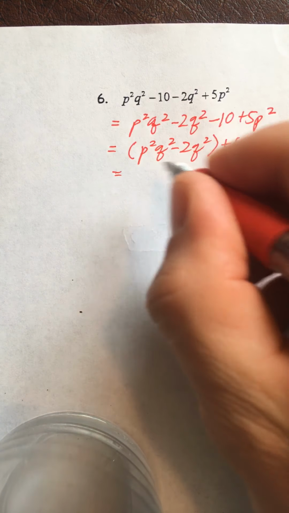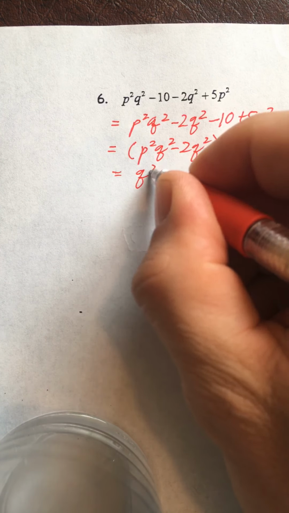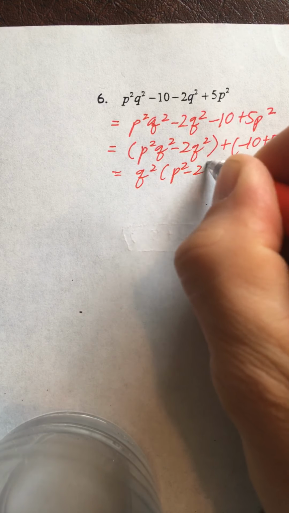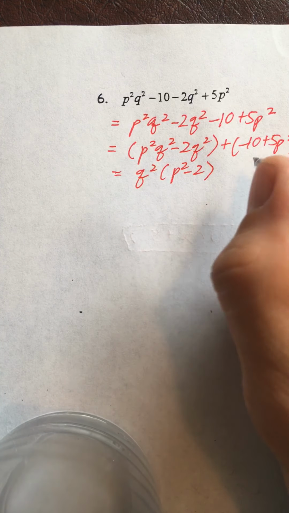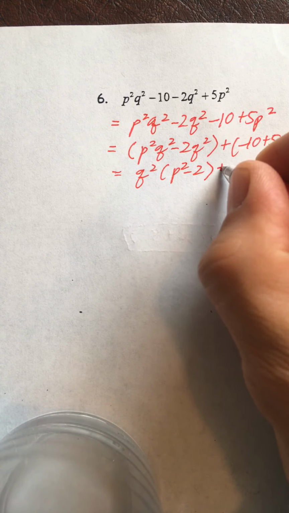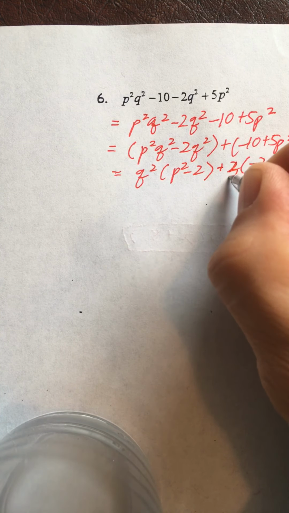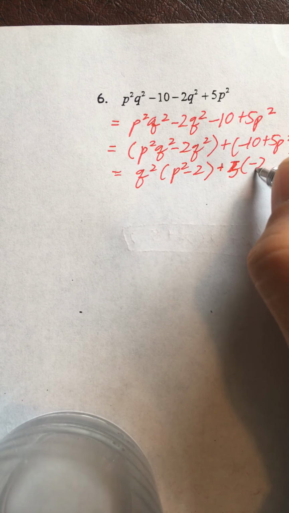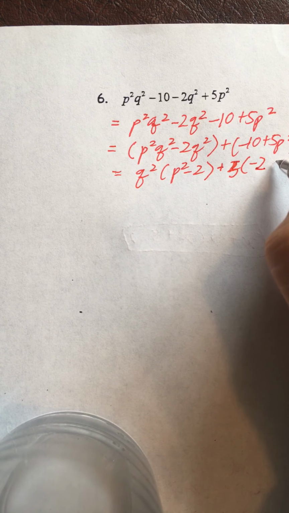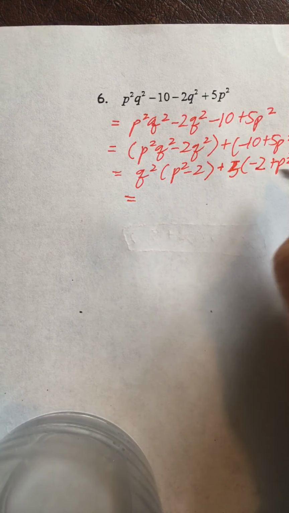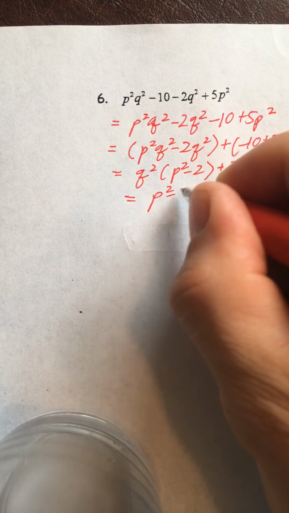All right, I'm going to factor out q squared. Here I'm going to factor out a 5. And now we can see I have my common factor here.